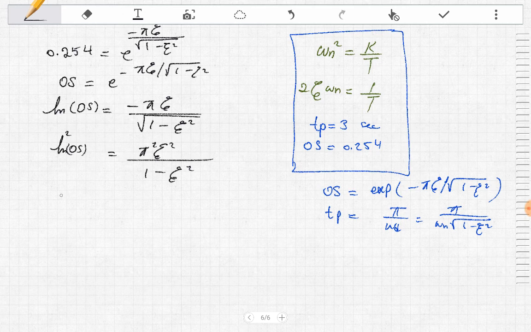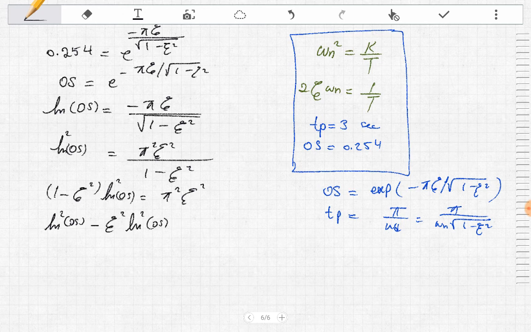So when you cross multiply, what you get? 1 minus eta square times ln square overshoot equals pi square eta square. So you have ln square overshoot times 1 minus eta square equals pi square eta square.